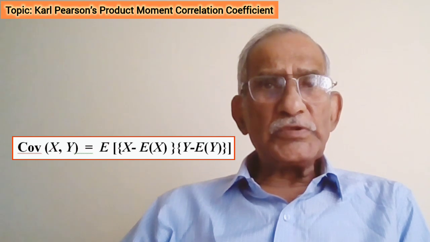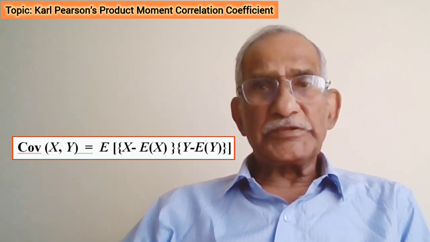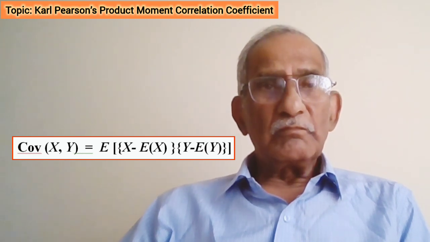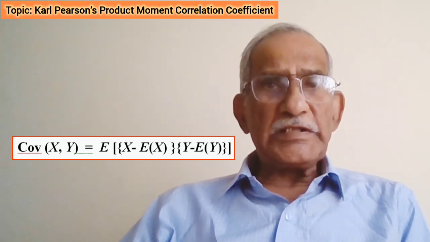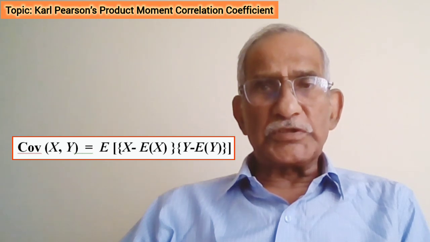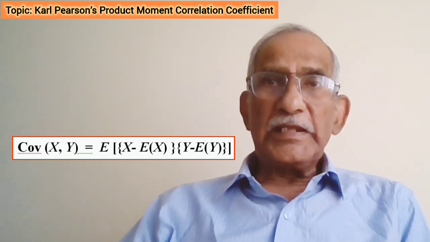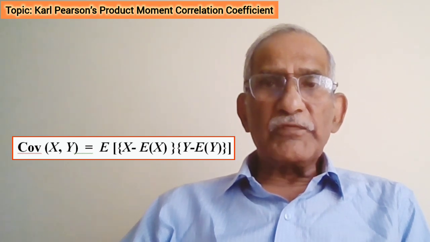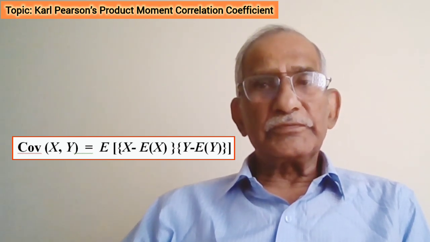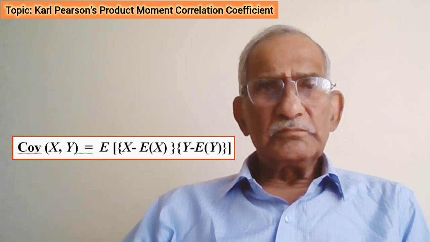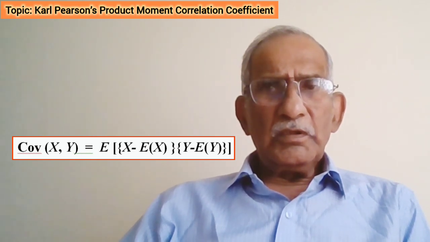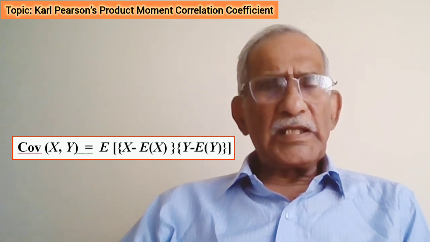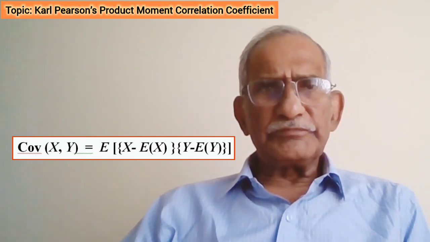If the two variables are linearly independent, its value would be 0. If they are positively correlated, its value would be positive. And in case they are negatively correlated, its value is negative. This only might have been considered as the measure of correlation coefficient.